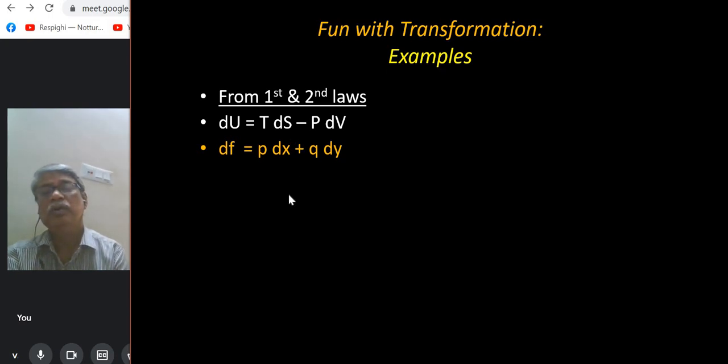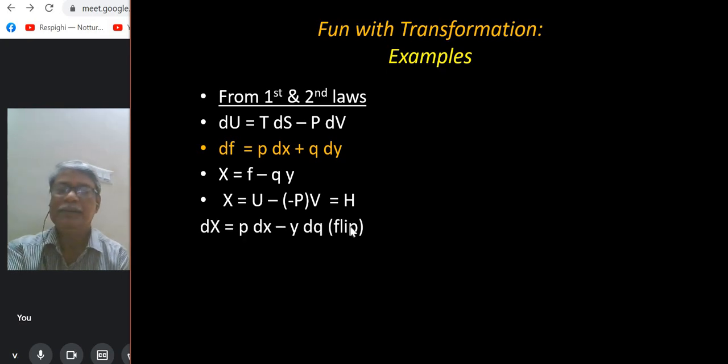So what will we do? Old function minus qy. So that means V and minus P, right? So U, the old function, minus V into minus P, that is U plus PV, and that actually is enthalpy, heat content. Okay.